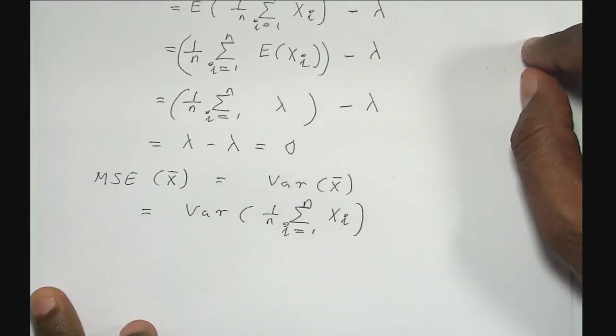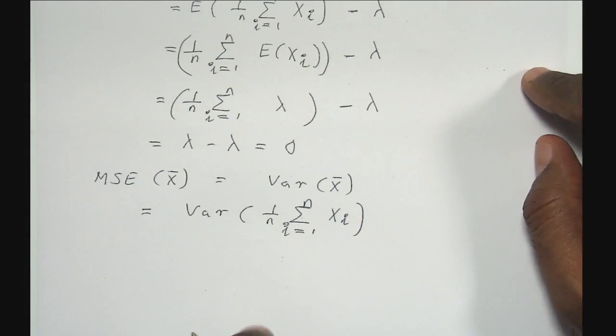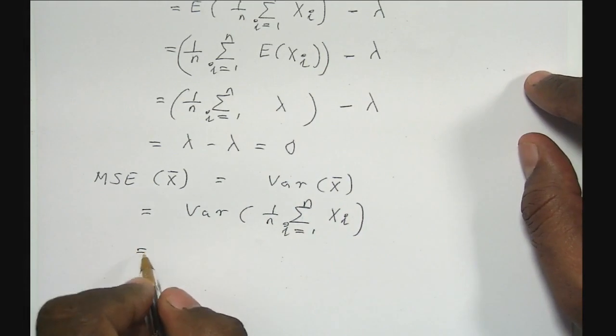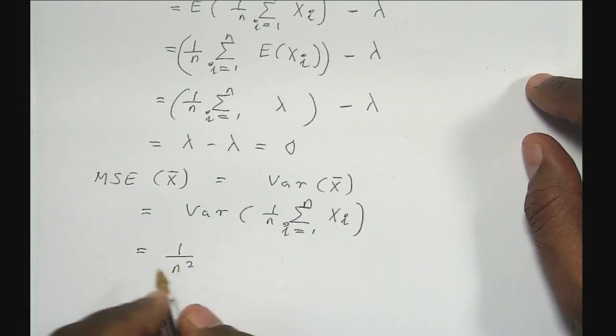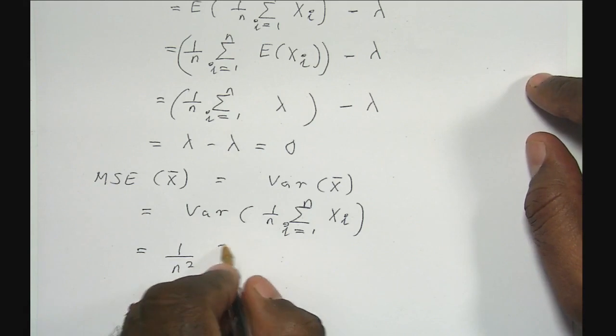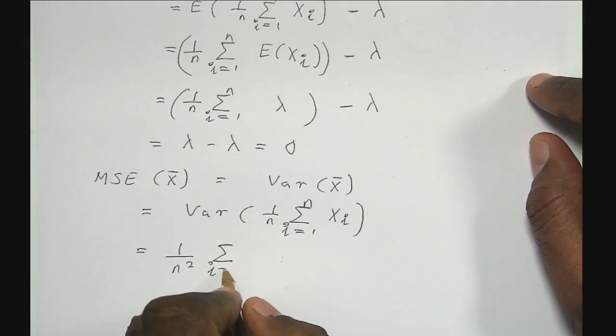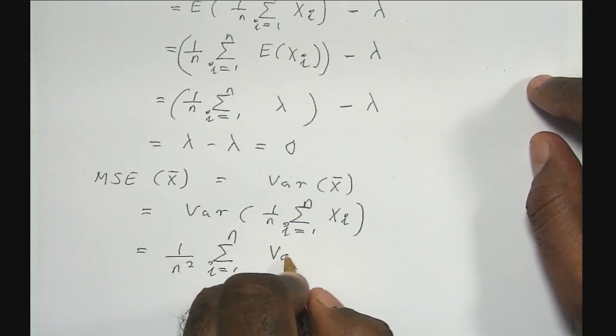Taking the variance inside, guys, this is 1 over n squared times the sum of the variance of xi.